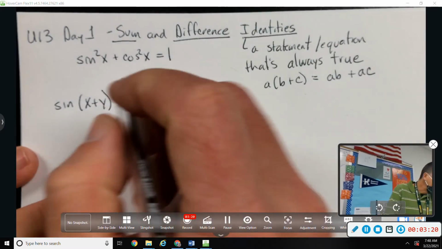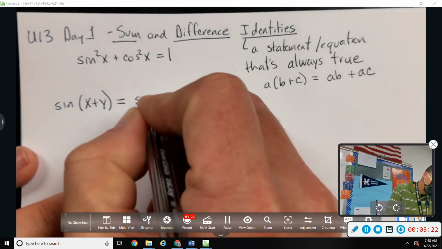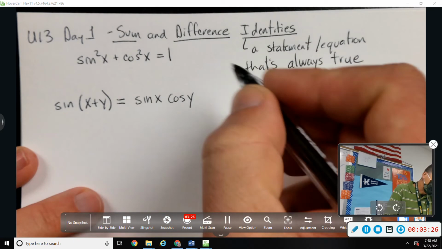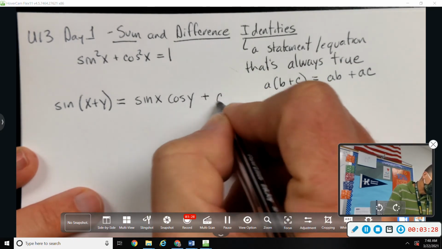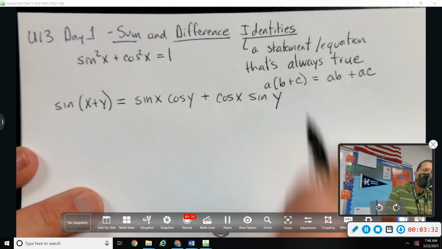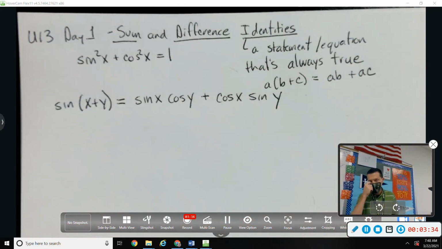Sine of x plus y is equal to sine of x cosine of y plus cosine of x sine of y. It's like, yeah, what? Who came up with that? How'd they figure that out? I don't know the answer to that.